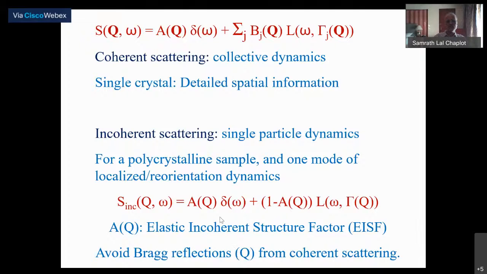Therefore we avoid the exact values of the Bragg reflection, the wave vector exactly equal to or very close to the HKL or the reciprocal lattice points. Away from that, there is not really any serious problem. In general, these functions are fairly slowly varying as a function of wave vector, so if you miss a few points, it will not really make an important difference.